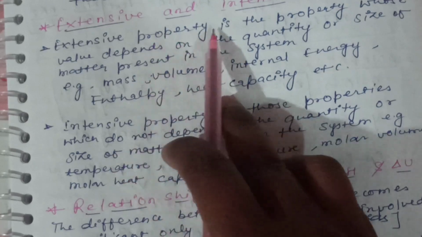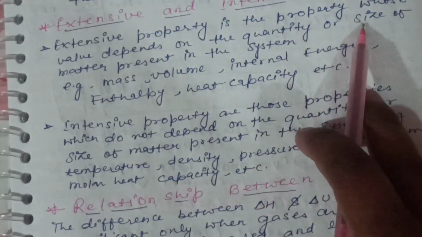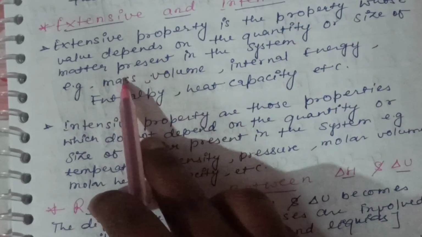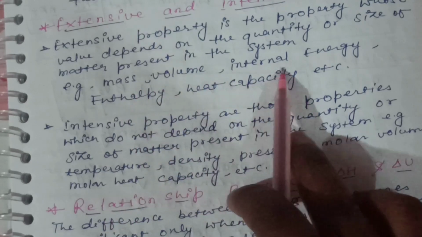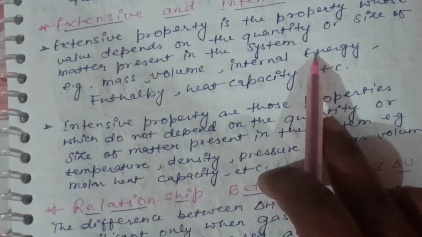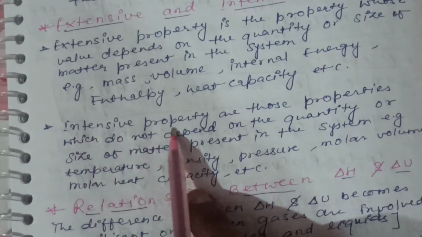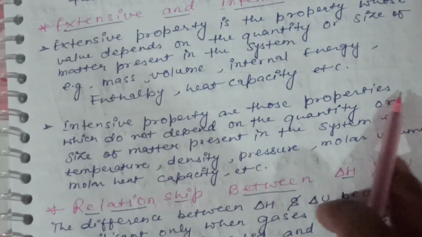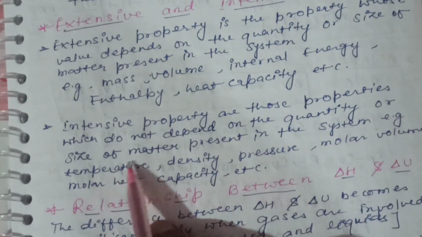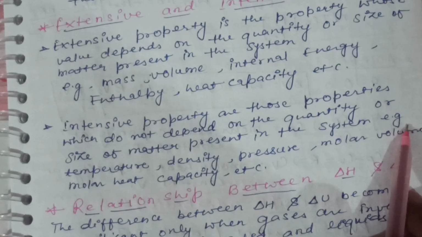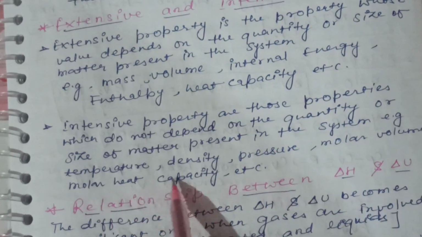An extensive property is a property whose value depends on the quantity or size of matter present in the system, for example mass, volume, internal energy, enthalpy, heat capacity. Intensive properties are those which do not depend on the quantity or size of matter present in the system, for example temperature, density, pressure, molar volume, molar heat capacity.